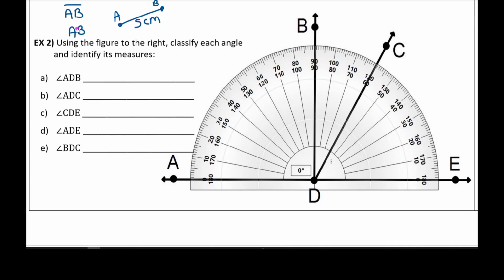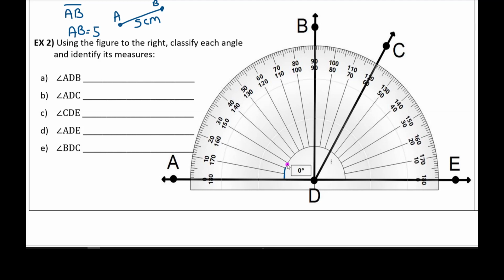The symbol AB with the little segment on top is referring to the drawing, and AB without the little segment on top is referring to the measurement, which equals 5 centimeters. Very similar with angles, we have this nomenclature representing the drawing. So what is angle ADB?